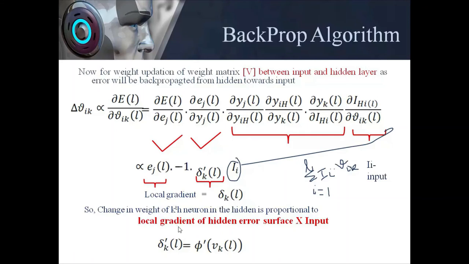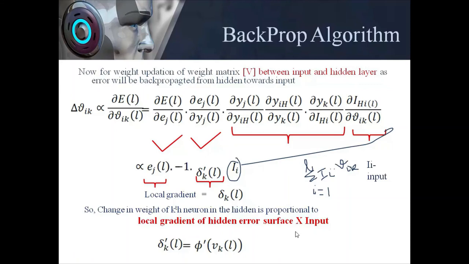And using these values we can find the change in the weight of the kth neuron in the hidden layer as proportional to the local gradient of the hidden layer error surface times the input which is coming.